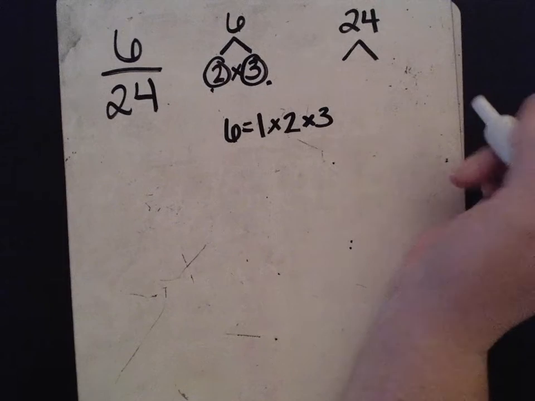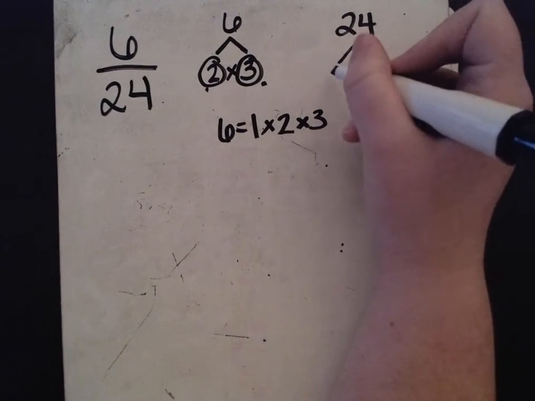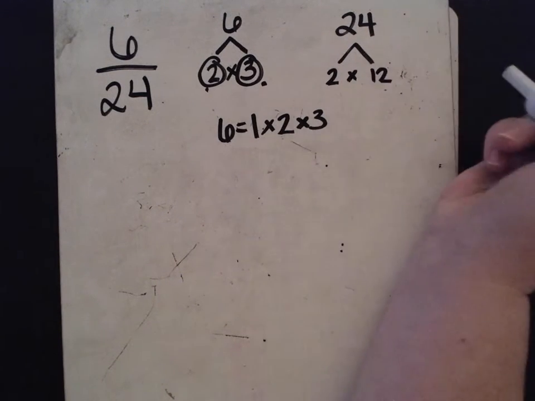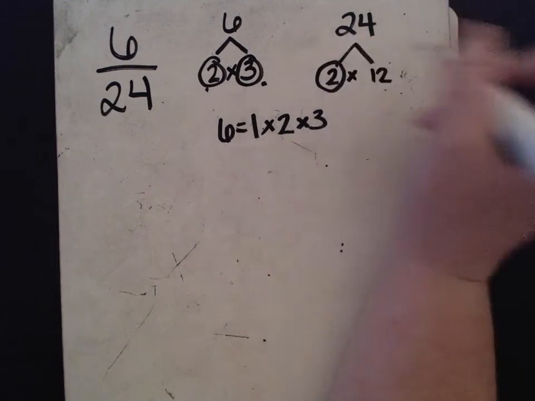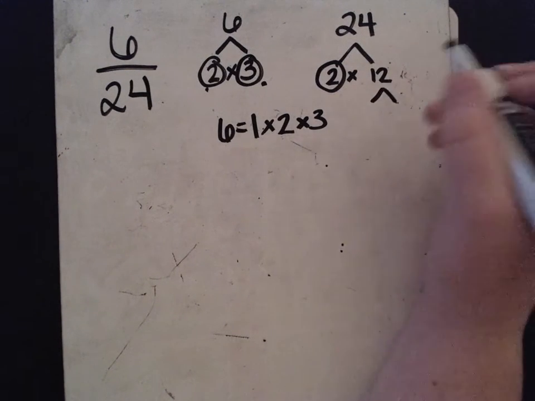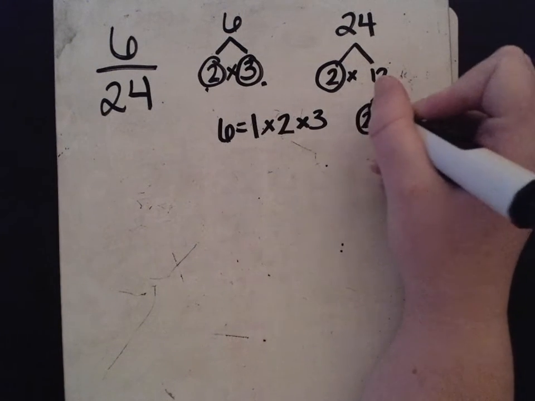Now 24. You can start with any factors that are multiplied together to equal 24. But I'm going to start with 2 times 12. I circle my 2, and then I need to keep breaking down my 12. 12 equals 2 times 6. I circle this 2.